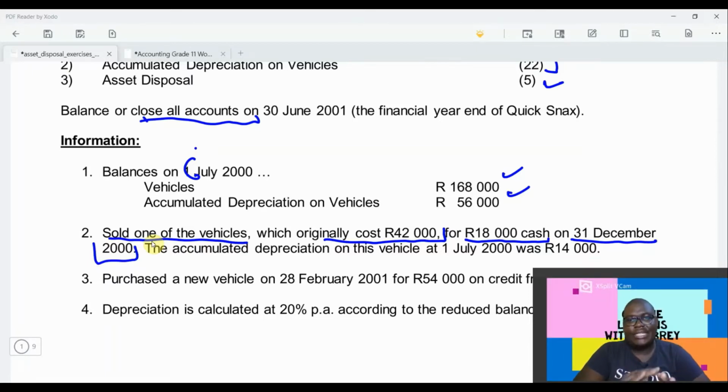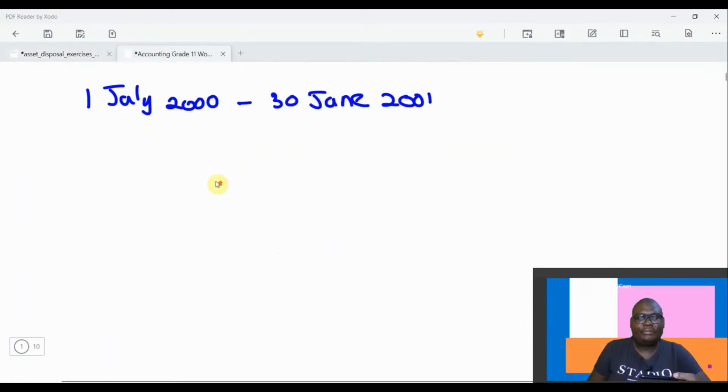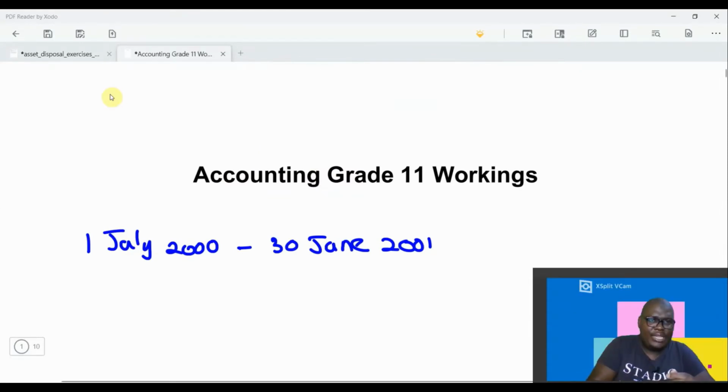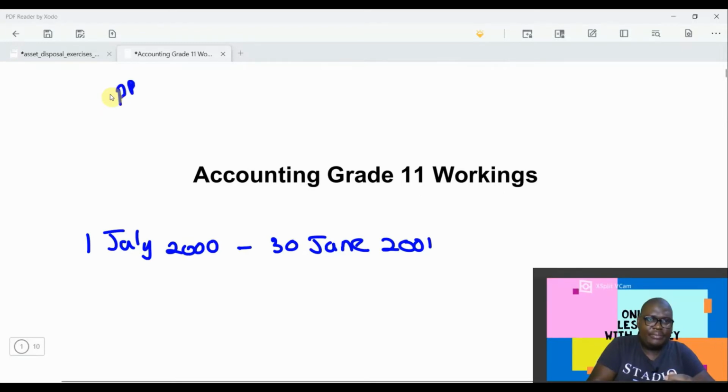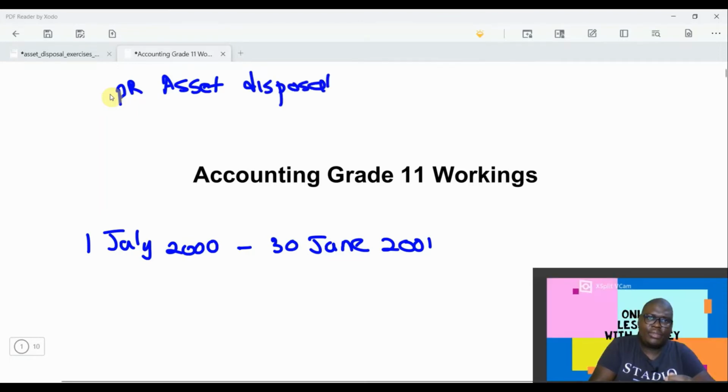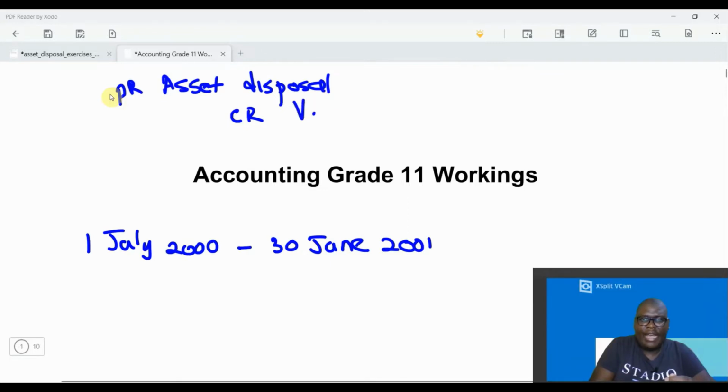This cost must start by affecting our vehicles account. So when we use the accounting equation, we are going to say debit asset disposal and then credit vehicles.